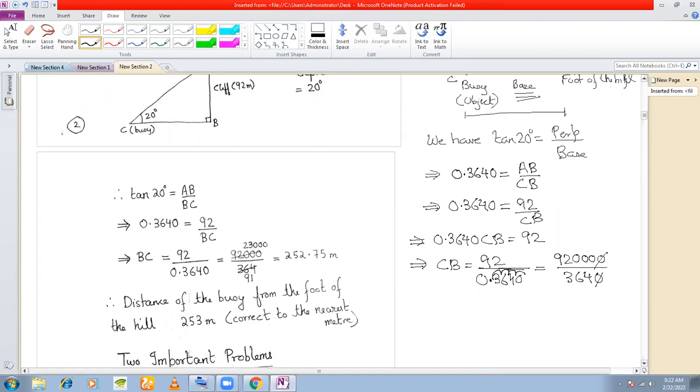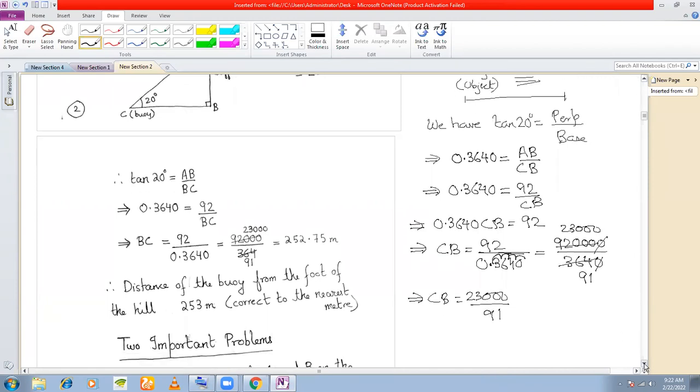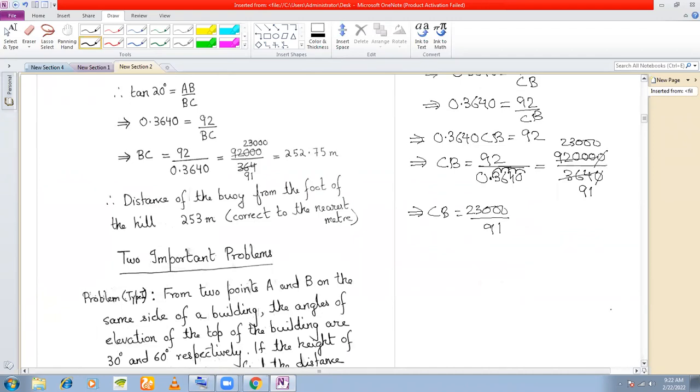Now there is no other way but to find this out by division. But the least that you can do here is cancel the numerator and denominator by 4. That means CB you are getting as 23,000 divided by 91, right? And you need to divide 23,000 by 91 to get your answer.